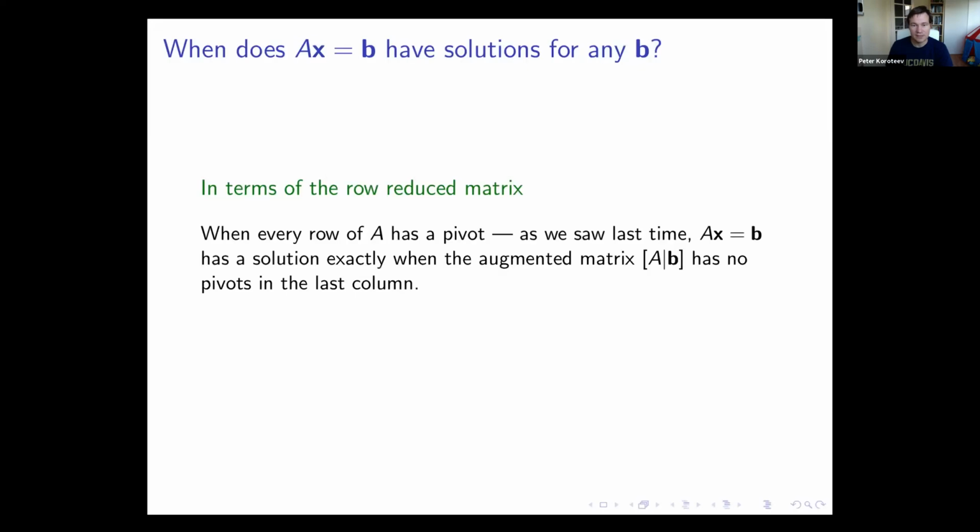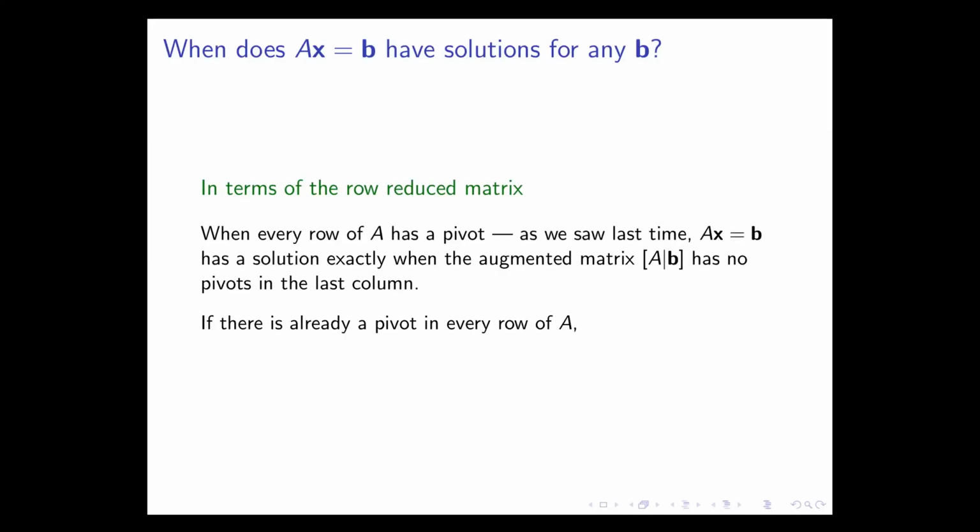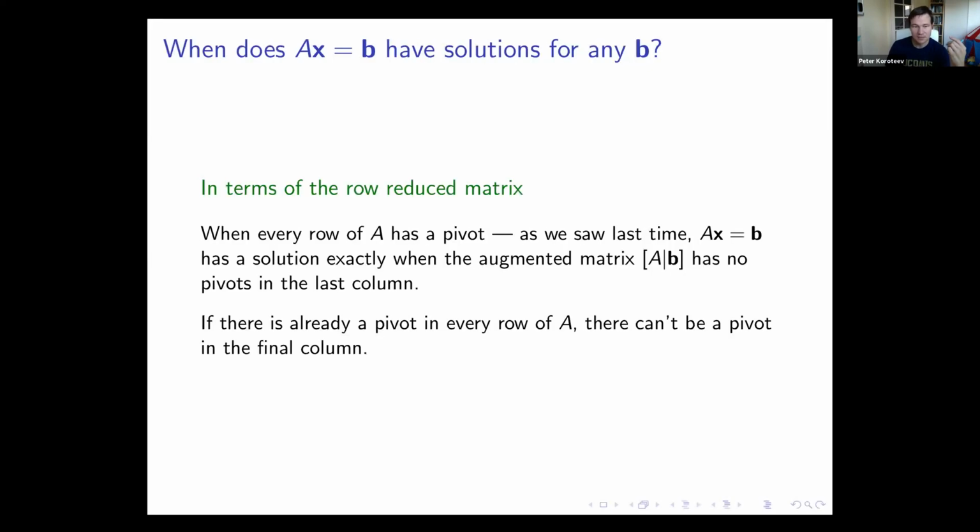And that's exactly when the augmented matrix has no pivots in the last column. So that's another way to say it. If there is already a pivot in every row, you can think of pivots in rows and columns, then there cannot be a pivot in the final column simply because there's one more column, an extra column that you add.